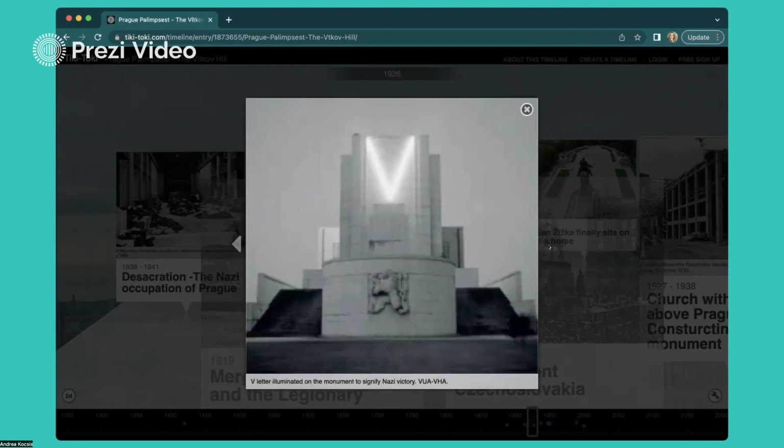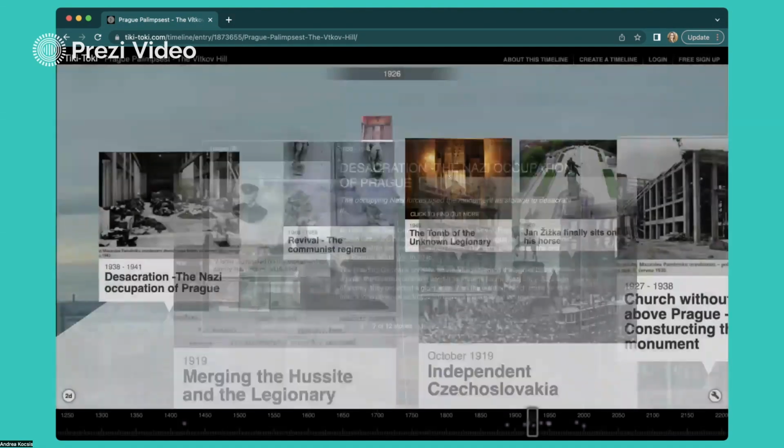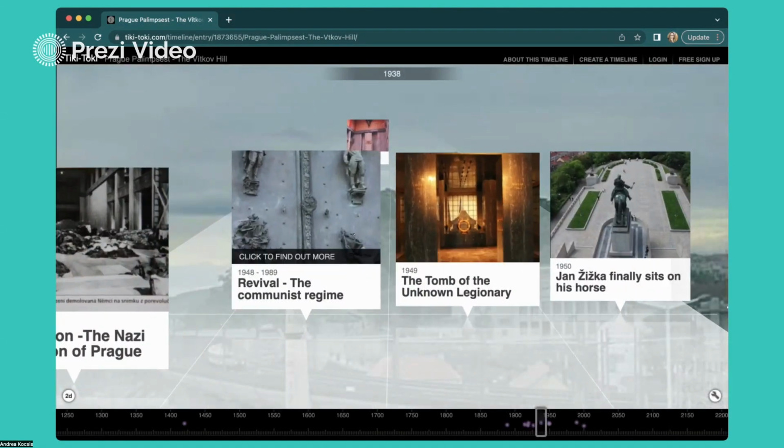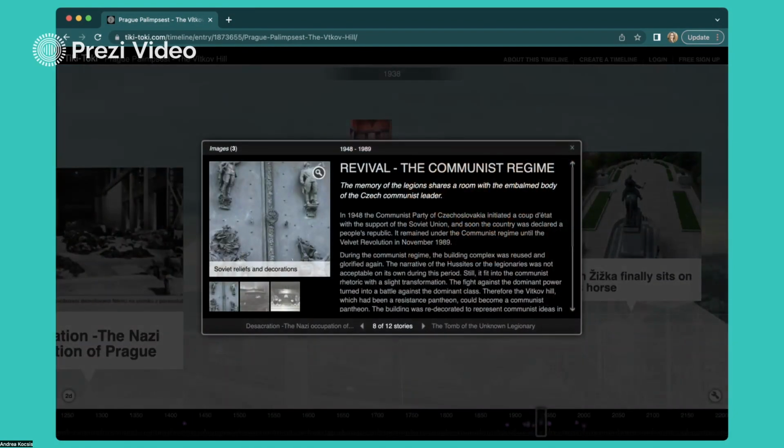And the Nazis also projected a lit V as a sign of victory, which was visible from other parts of Prague, on the building. But the suffering of the building does not stop here, because its revival period was, interestingly, the communist regime following the Nazi protectorate in the Czech Republic.